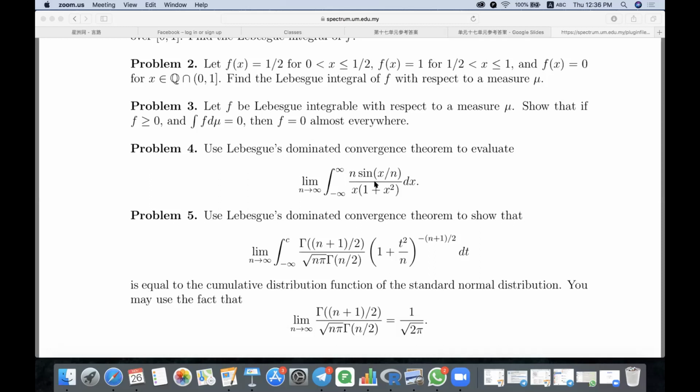We're not going to go through how to actually get that because it's quite involved. If you're interested, you can look at some material on your own on limits of gamma functions. Okay. Anyone wants to try question 5?